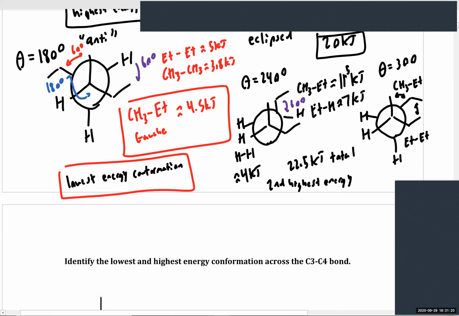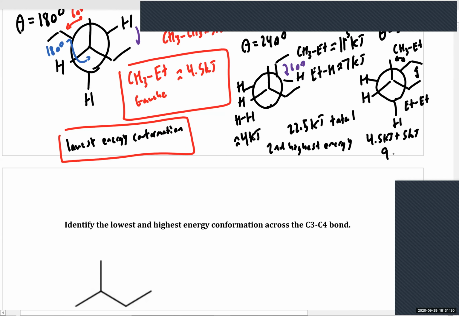The methyl-ethyl Gauche interaction we said was 4.5 kilojoules, and ethyl-ethyl we estimated to be around 5 kilojoules. So this conformation would have 9.5 kilojoules of strain total.